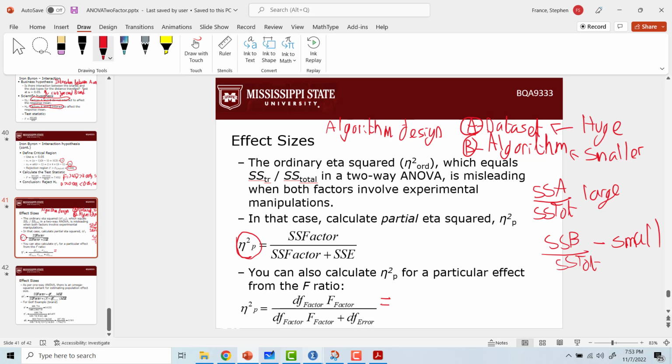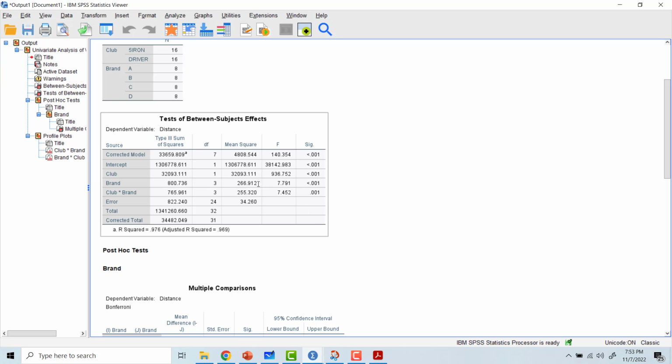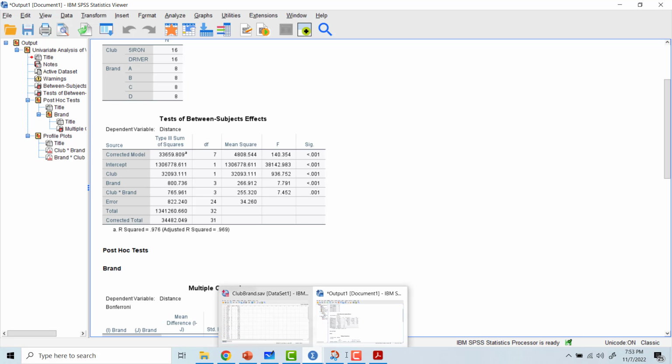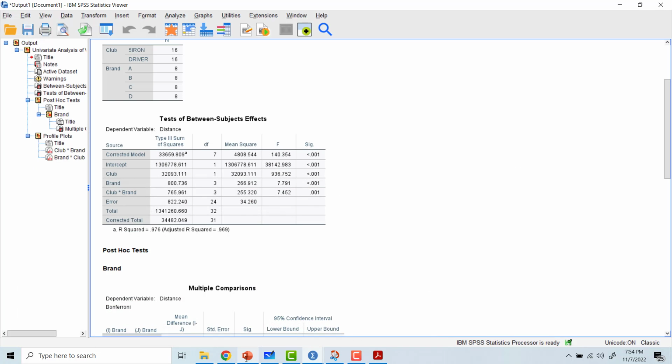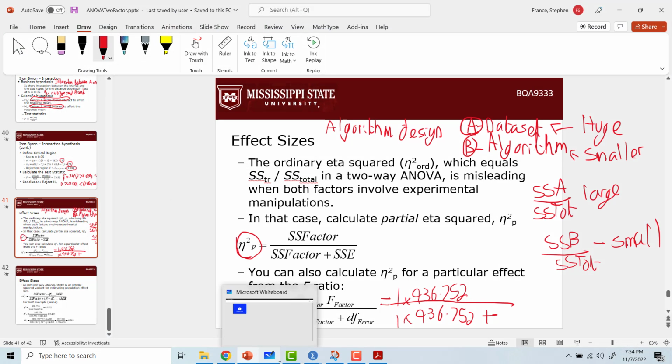So say for factor A, for club, we have a degrees of freedom of 1 times 936.752, all over this, plus the degrees of freedom for the error, which was 24.